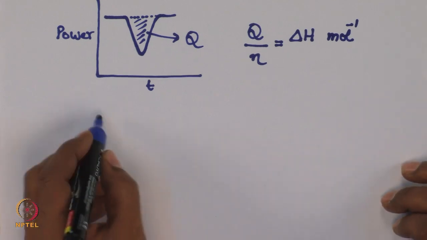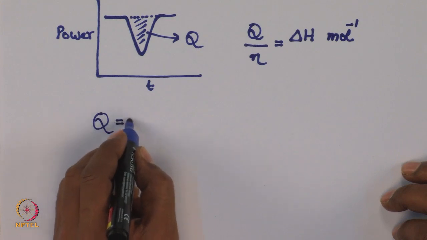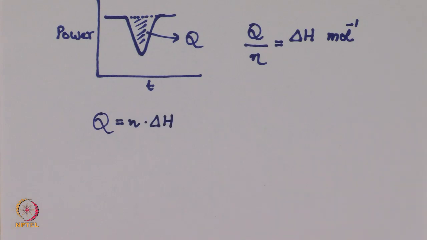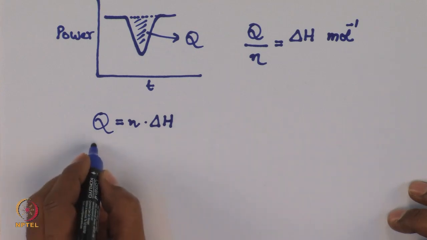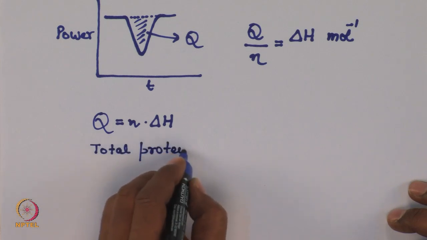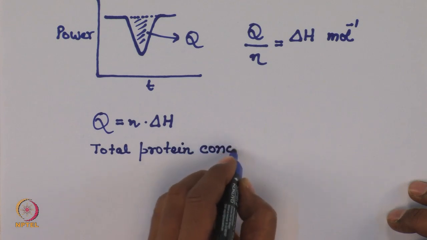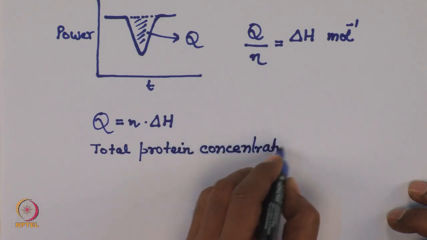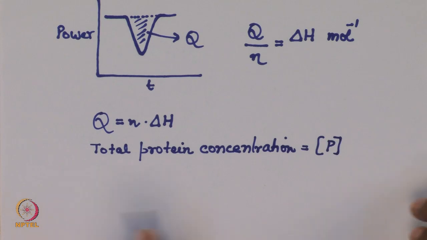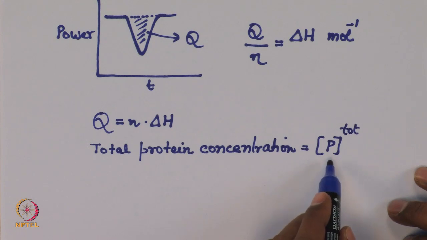So, therefore, I can write Q is equal to N times delta H. Now, suppose my total protein concentration, let me write this as P total, and what are the units of this P total?